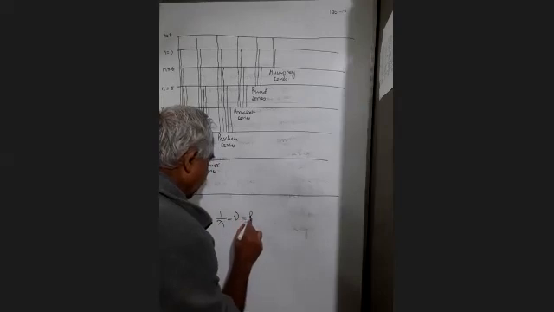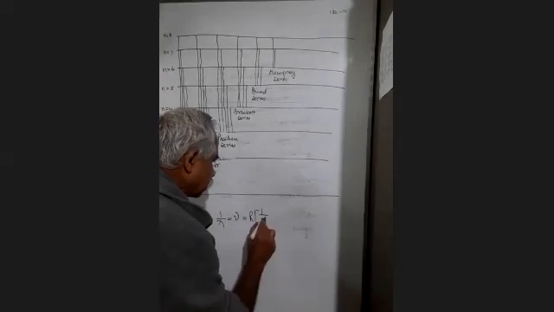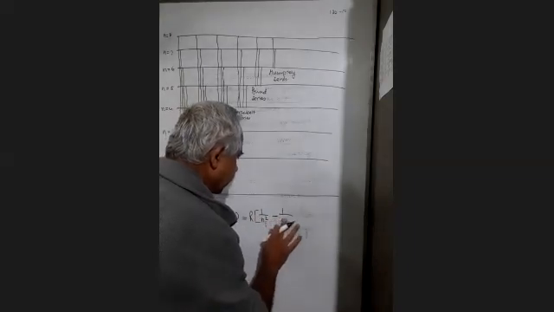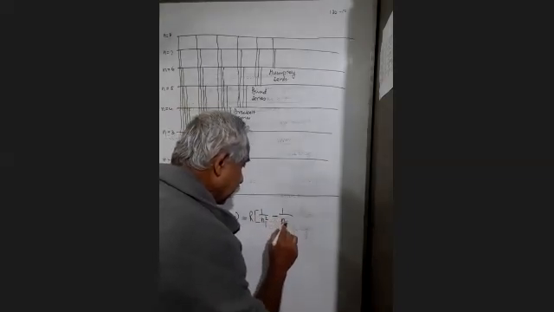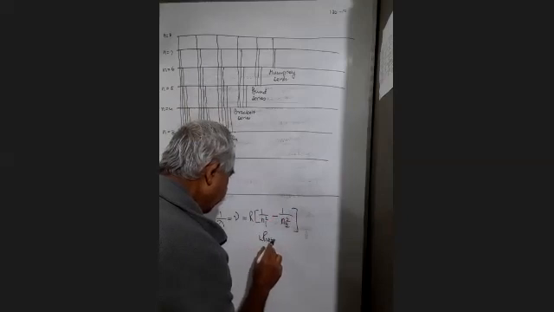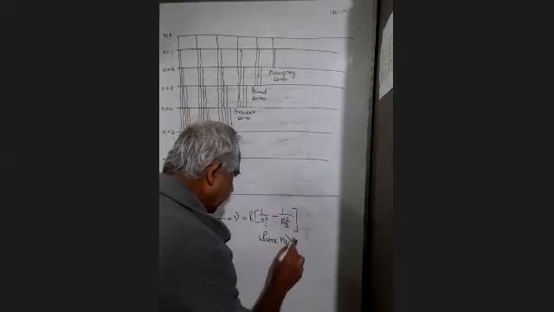So the hydrogen spectrum can be explained by this. This is called wave number. I told you the inverse of wavelength is called wave number, related to frequency. Equals R times 1 by n1 square minus 1 by n2 square. Never get scared. Where n2 is greater than n1.